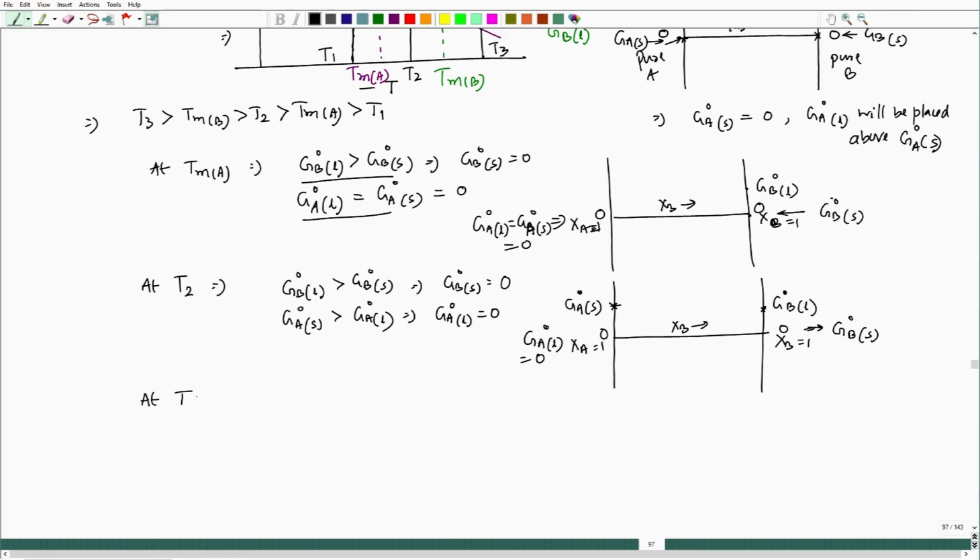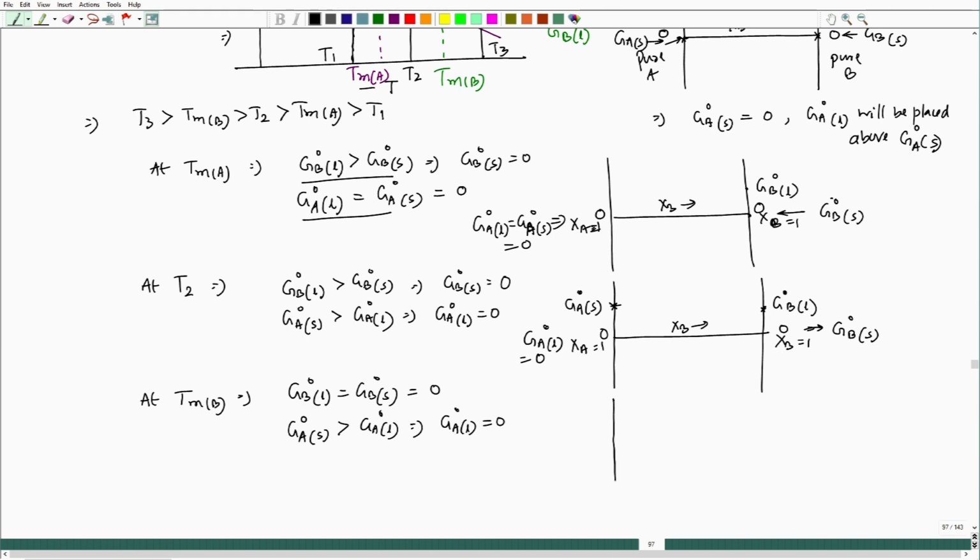At TMB, GB naught liquid equals GB naught solid, and GA naught solid is greater than GA naught liquid. So, both of these will be taken as 0, but here GA naught liquid should be taken as 0.